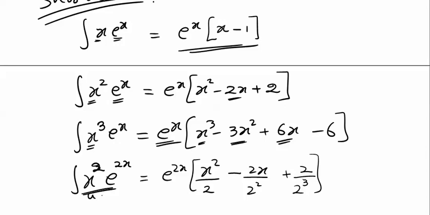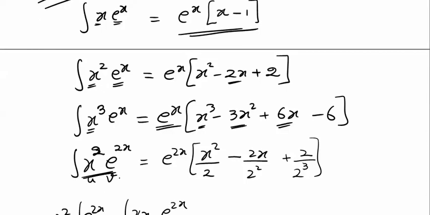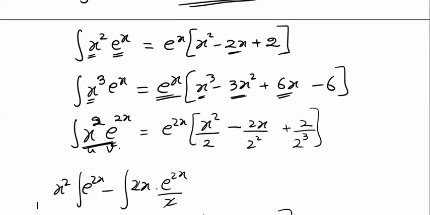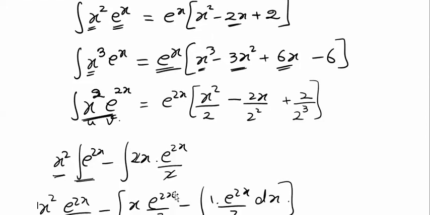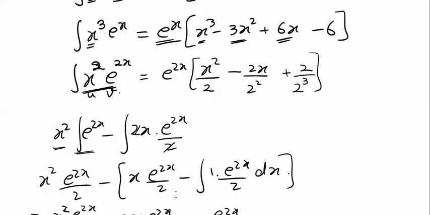Let us say this is u, this is v. So I will do first function into integration of the other minus derivative of the first into integration of the other. Right? Then we solve it. What you'll get?